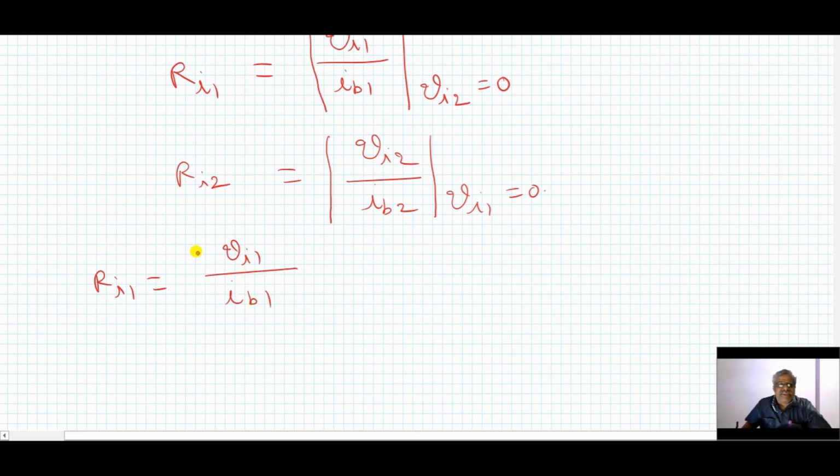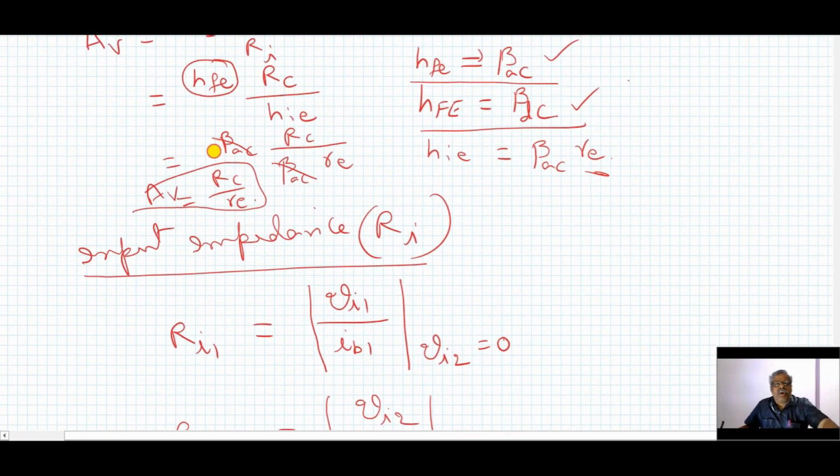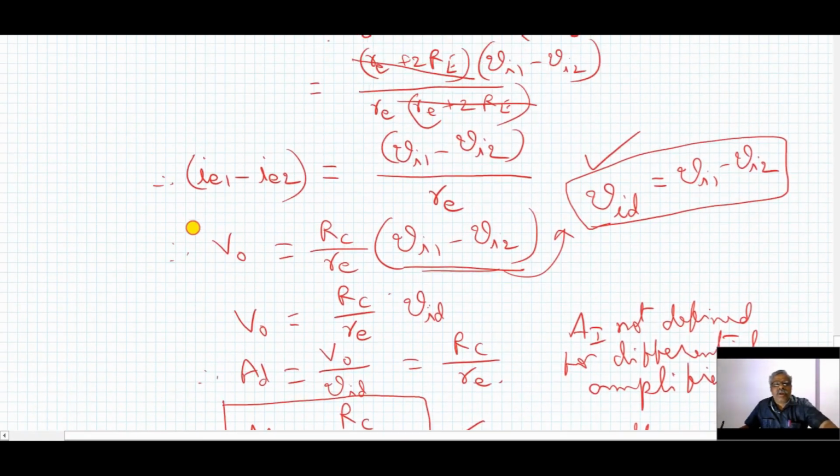Just for simplicity, I am not using the modulus here, but it should always be a positive value. So what is IB1? Our IB1 is nothing but IE1 by beta AC. What is IE1? For this we already derived the expression earlier. So let us go above to our IE1 expression.